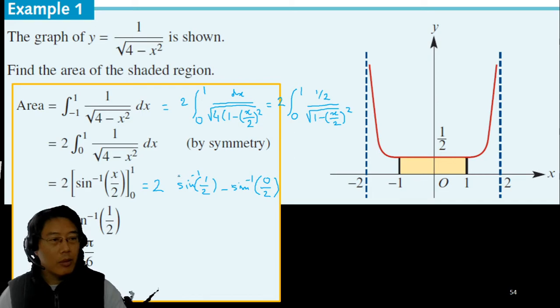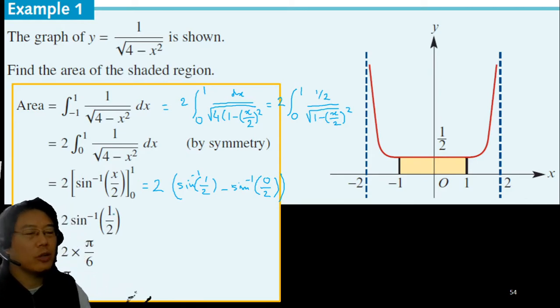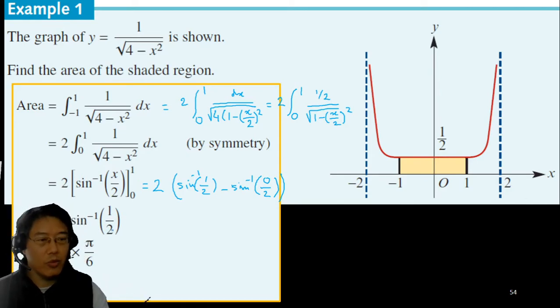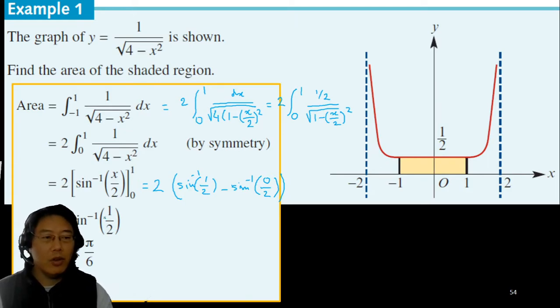Okay, brackets again. Now that's 0, so that's simplified. They jump some steps. They forgot some of the working out. So your inverse of sine of 1 over 2 is pi on 6, so that gives you pi on 3 as your final answer.